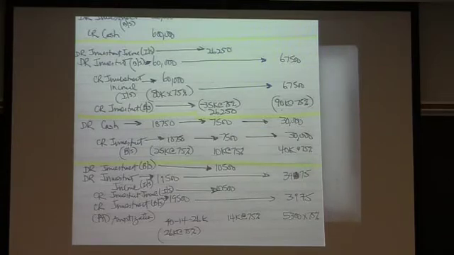Now, let's answer the very last question. It asks us to determine the investment in Small under the equity method. So all we need to do is add these journal entries, isn't it? Okay, so in this case it's under the equity method.